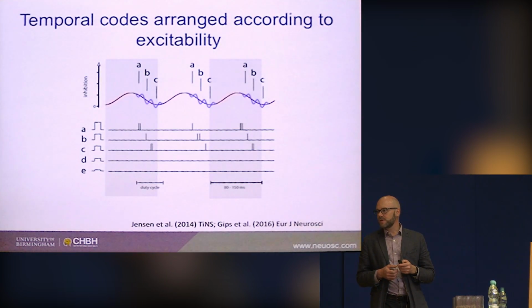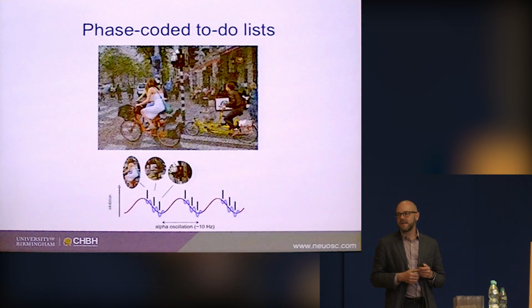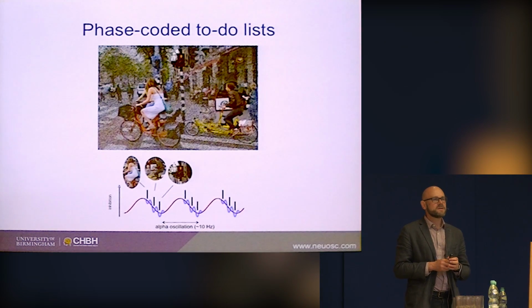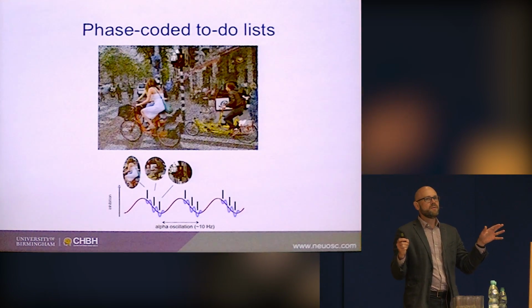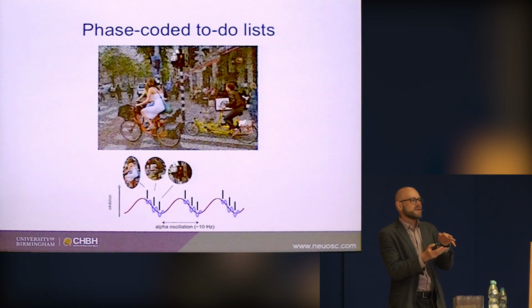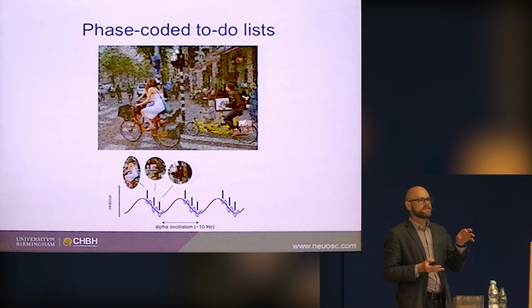To make a long story short, what we think is that the alpha oscillations serve to segment the visual scene, such that you have competing visual input. As we talked about before, the alpha oscillations are inhibitory, but we think about them as being pulses of inhibition.